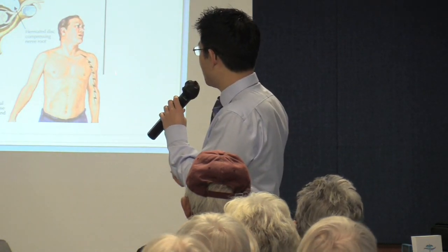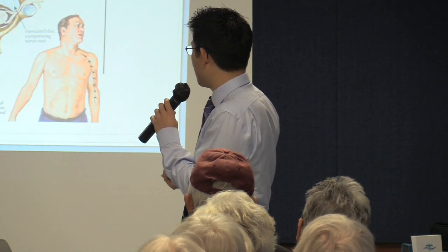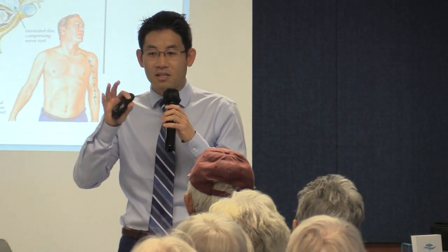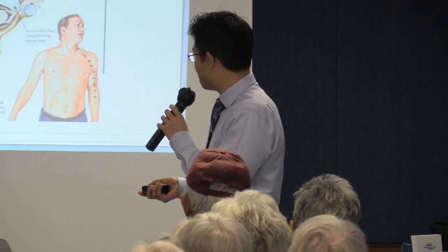So as you can see here, this pain is shooting down from this poor gentleman's arm all the way down past the elbow. It's not only pain, it typically starts with numbness, and then it progresses to pain, and it can be associated with weakness or motor deficits if it becomes more and more severe.